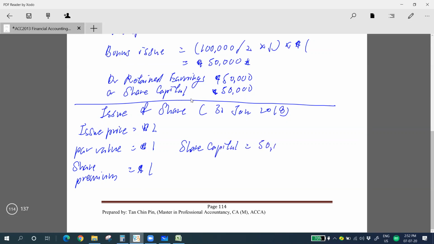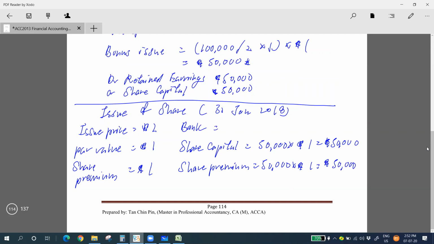So my share capital increases by 50,000 times 1. My share premium also increased by 50,000. And the total collection I receive is 50,000 times the issue price 2 each.